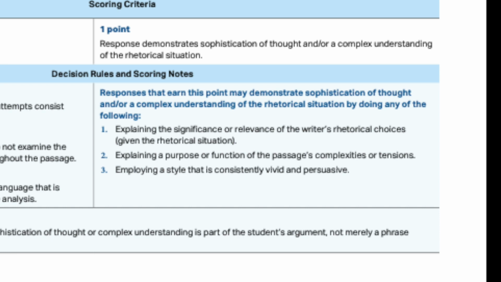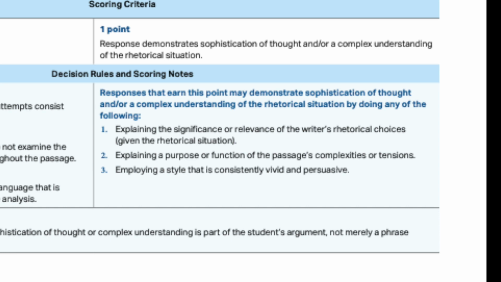Or 3, employing a style that is consistently vivid and persuasive. Now, this is speaking specifically to the way in which you write. Is your language sophisticated? Is the way in which you craft a sentence demonstrating a full command of the English language in terms of compound complex sentences, in terms of being very precise in your diction?